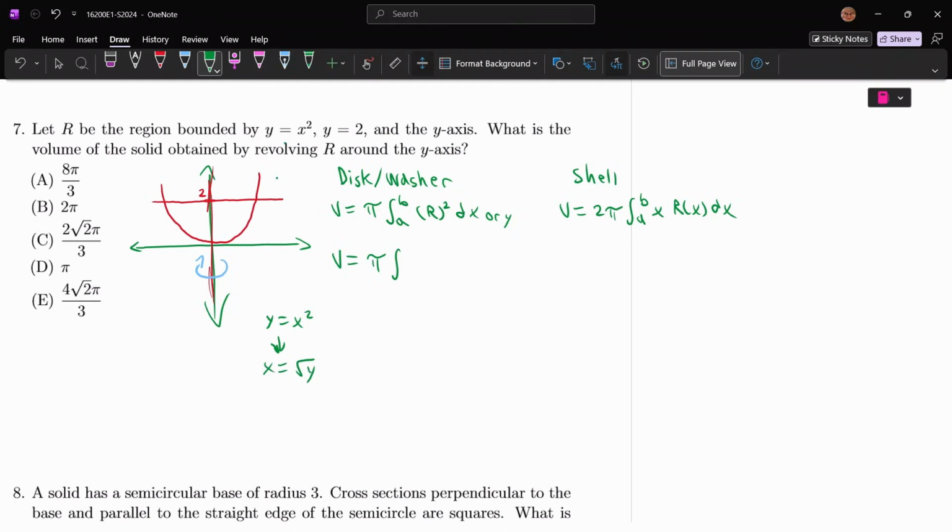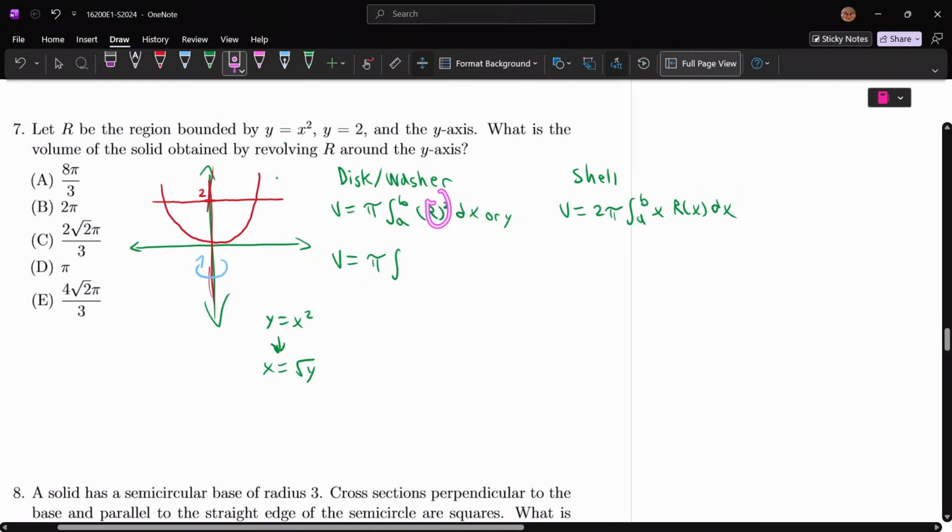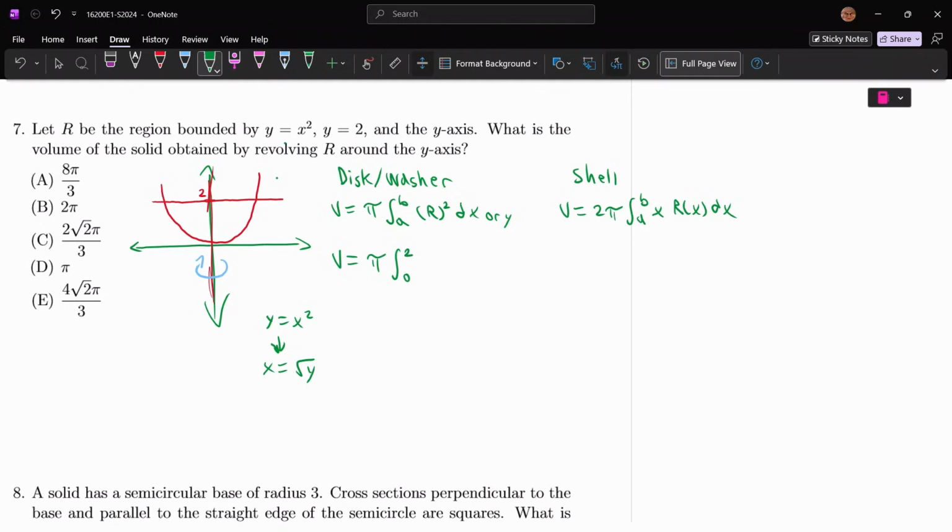And then because the slices look like this, this line right here is going to end up being an upper boundary. So it's going to look like this, where you have the integral from 0 to 2 of the square root of y, squared, with respect to y.